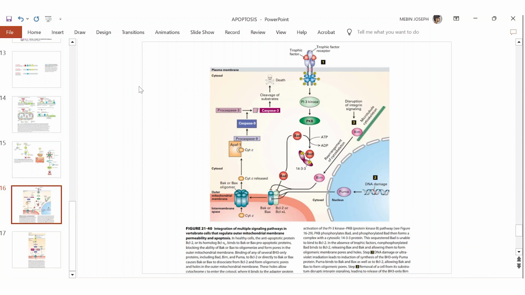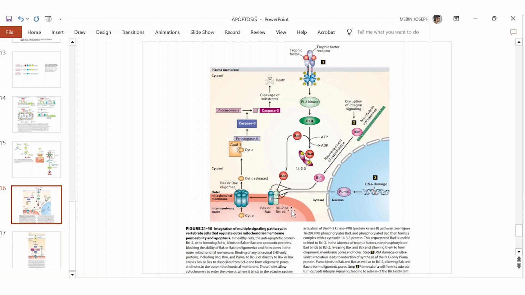Just like I mentioned, intrinsic pathway means, suppose this is a cell. This is the plasma membrane you can see, and this is the cytosol portion, and this is our nucleus, and inside the nucleus we have our genetic material, the DNA, and you can also see the mitochondria.